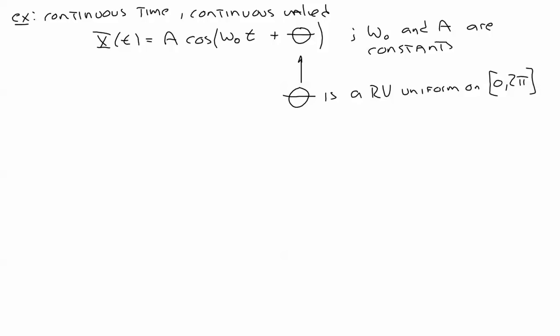Okay? So the randomness in this particular random process is the phase. We don't know what the starting phase is. It could be anywhere from 0 to 2 pi. This is a very important random process for us. We're going to examine this particular random process a multitude of times throughout the rest of the semester.